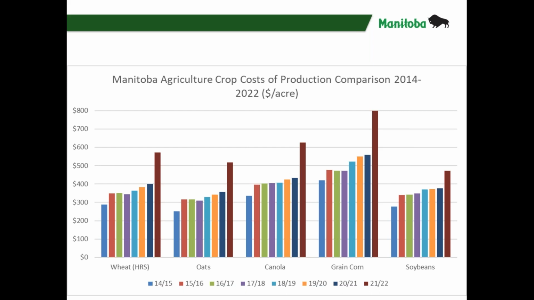We've seen in previous years a slow and steady increase of costs of production, but this year we've just seen a huge jump, and it's an outlier, and it's something that again we need to plan for. I think this slide shows how much larger this cost of putting this crop in is, by orders of magnitude.